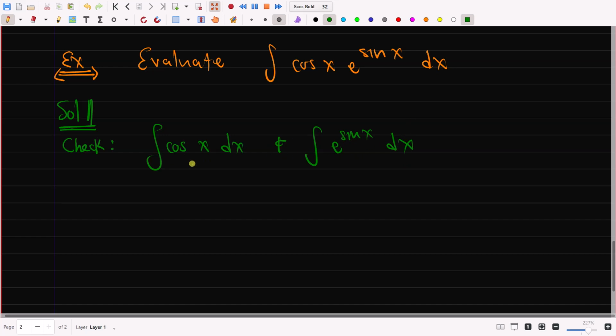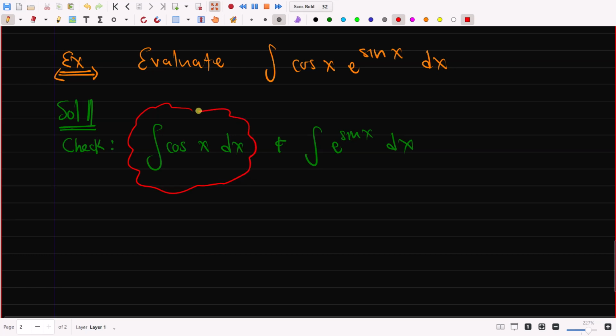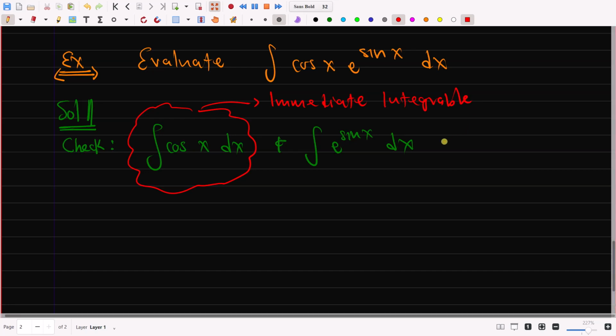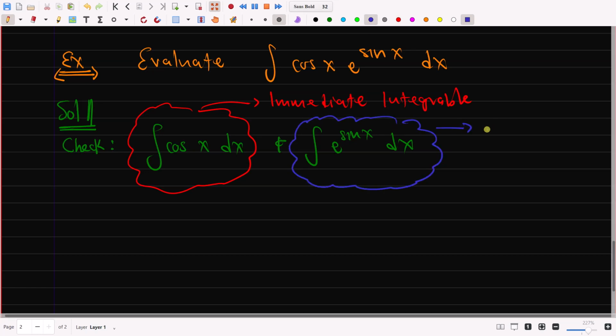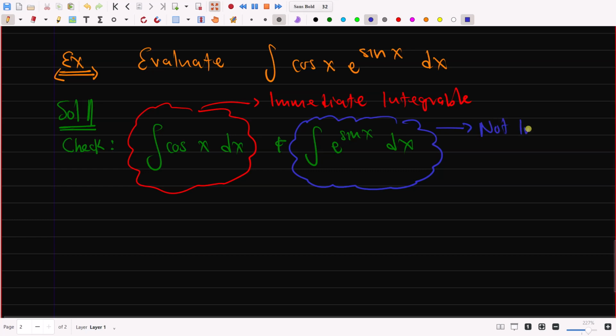If you look closely, you will see that this one is immediately integrable, because you can immediately integrate that. But when you analyze this one, on the other hand, the situation is different. It's not immediately integrable.